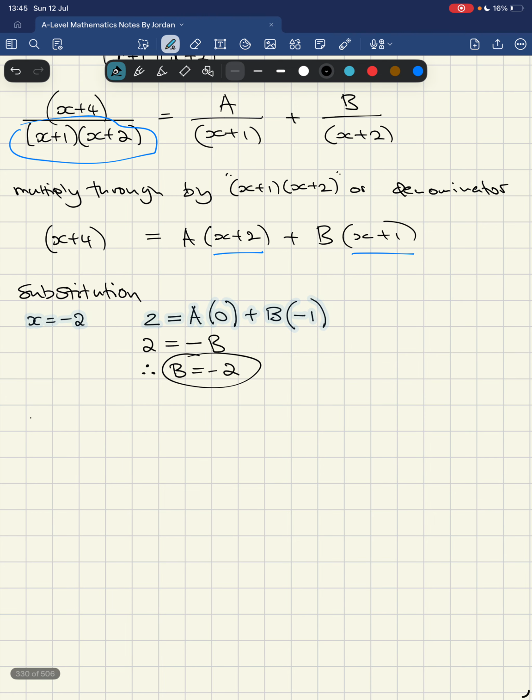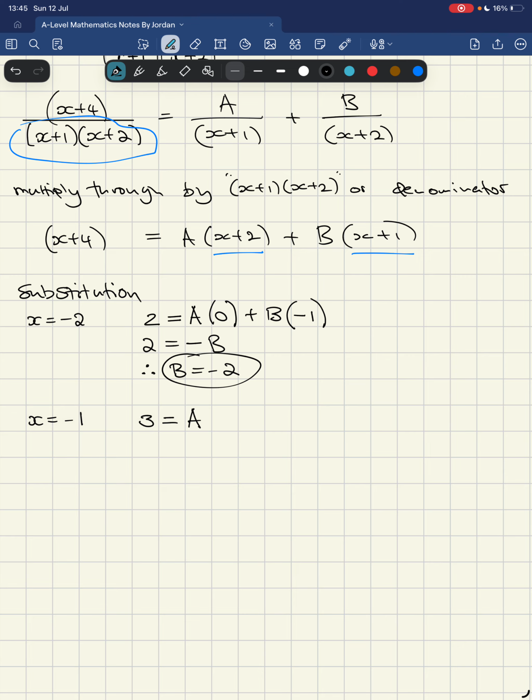Now the second one, we now would like to make all of this go to 0. And so if I make x equal to negative 1, this bracket becomes 0, and then multiplying out gives all of that as 0. Okay? So negative 1. Let's start back here. We've got negative 1 plus 4, which gives me 3.